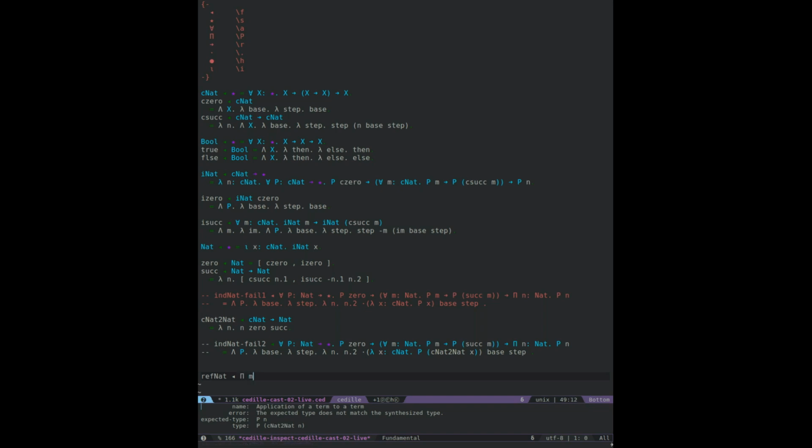For all n of type nat, n is equal to cnat to nat of n point 1.